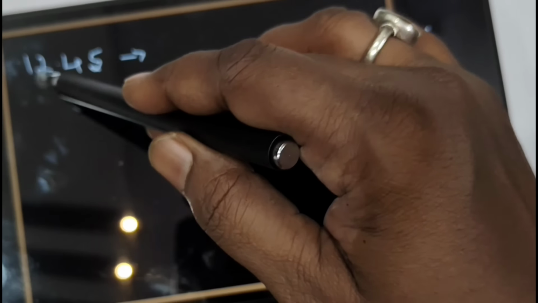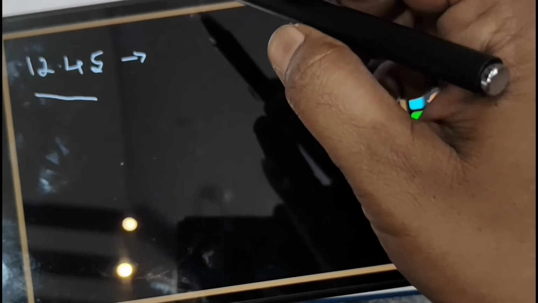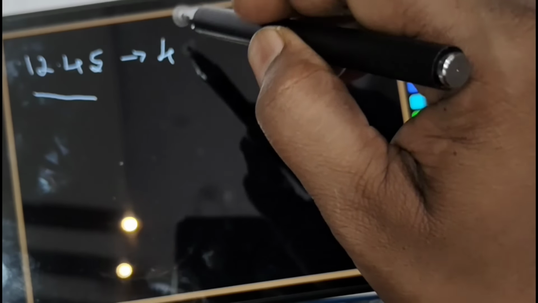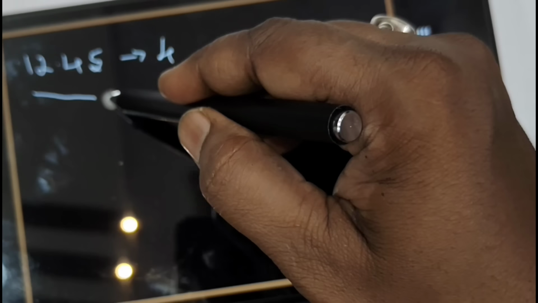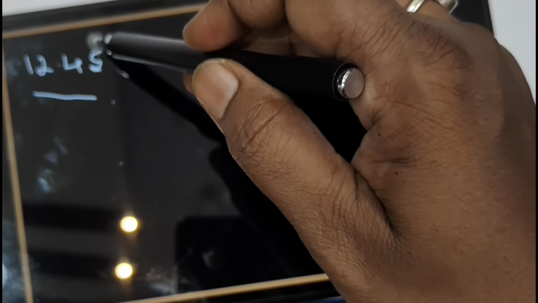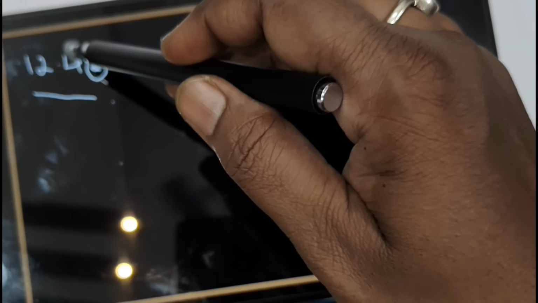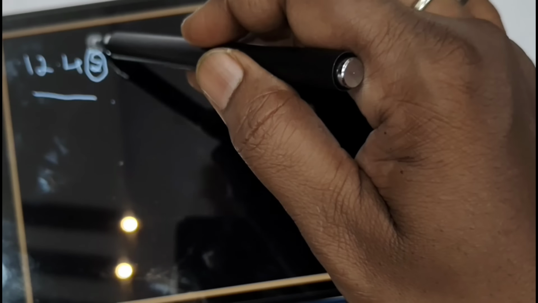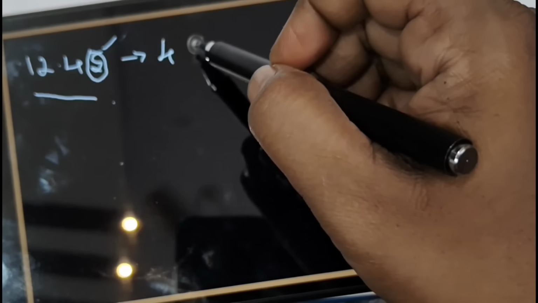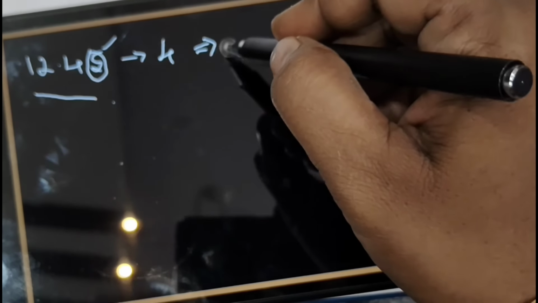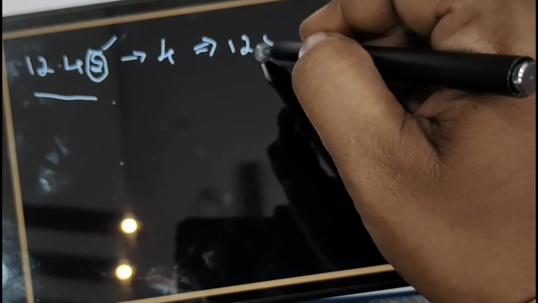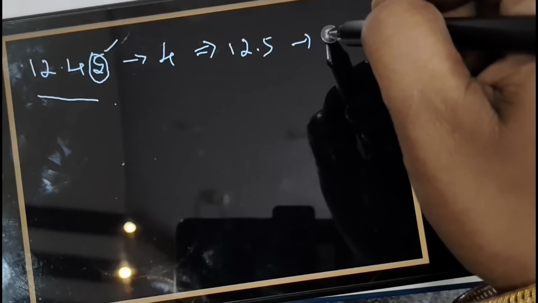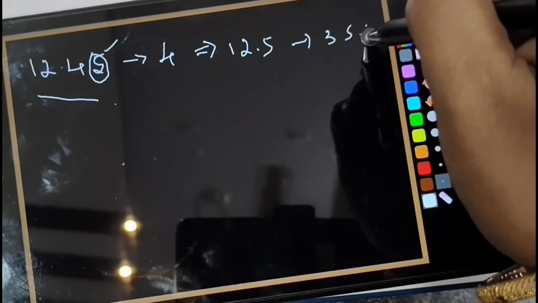Now we have the original number, we have 4 significant figures. Okay, but the question is round off to 3 and write the significant figure. So here as there is a 5 here, we can carry 1 to the third digit, that is 4, and we can omit the 5 number, that is we can write this as 12.5. And now we can write it as 3 significant figure.